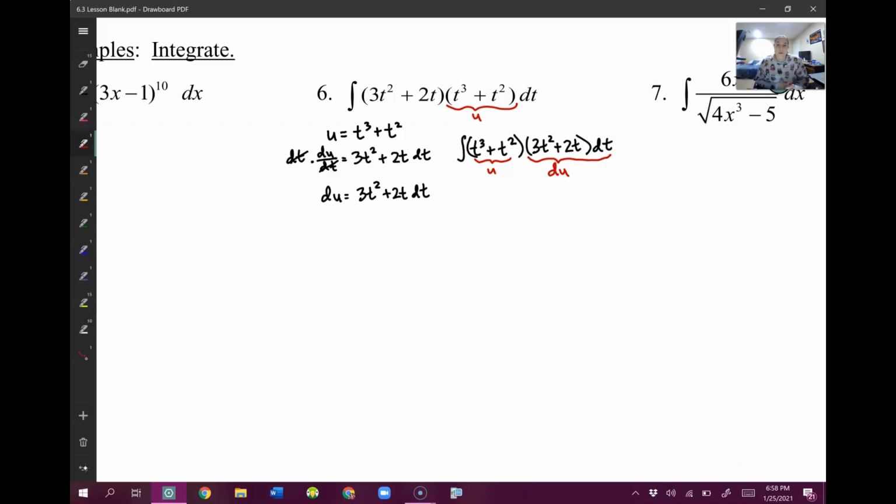It's equal to du. They're the same thing. So I can substitute du for this whole thing right there. So now I can rewrite my integral as u du.